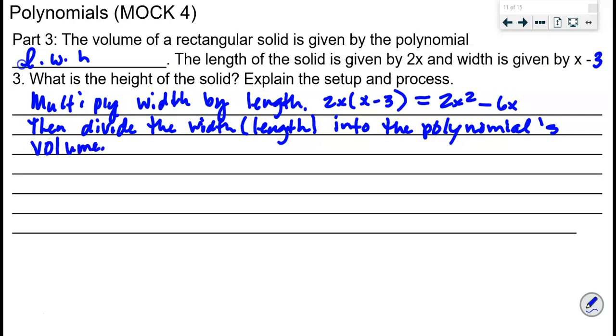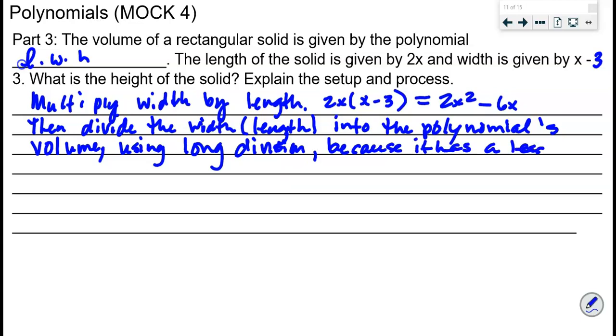And we're going to have to do that using long division. And the reason we're going to have to use long division is because it has a leading coefficient and x is to the second power.